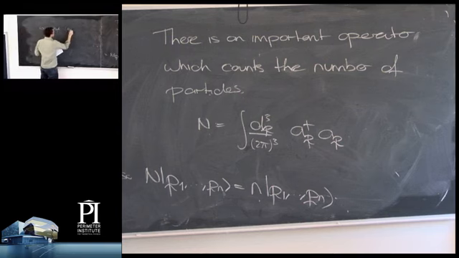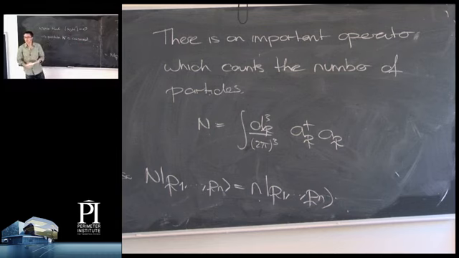Notice that this number operator commutes with the Hamiltonian, which means that the particle number is conserved. Here, I don't mean counting particles with plus and antiparticles with minus. We haven't got any antiparticles in this setup. We've just got particles.